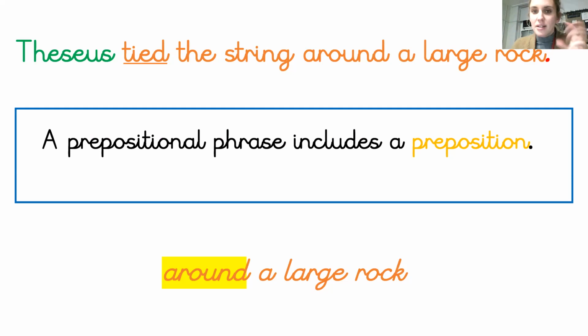So here, the string is being tied around a large rock. My two nouns that my preposition is linking together are my string and my large rock. This prepositional phrase includes the rock. A prepositional phrase always includes a preposition.